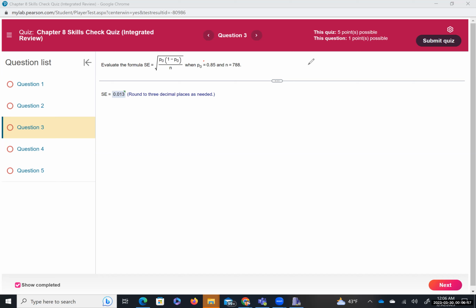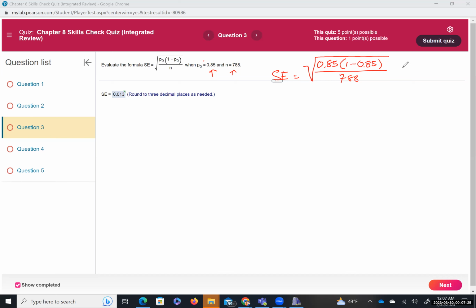You can substitute in here. It's already given, so the standard error will be equal to the square root of 0.85 times 1 minus 0.85, everything divided by n, which is 788.